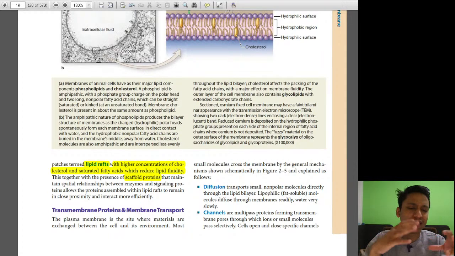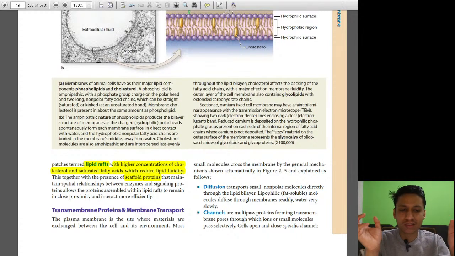So diffusion is basically the material going from higher concentration to lower concentration directly by the diffusion process. This is called diffusion. And diffusion of water goes very slowly.